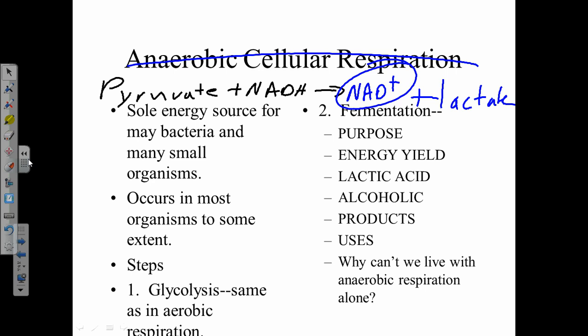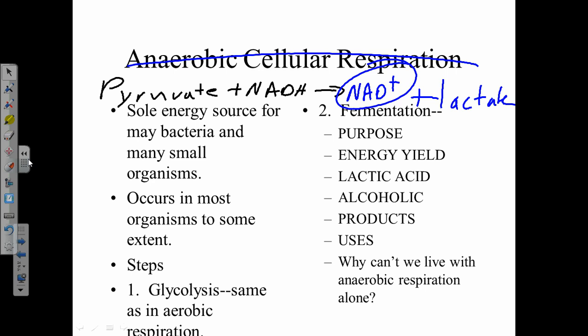Now, once you stop running or stop lifting, what's eventually got to happen to that lactate? You've got to break it down and run it through what processes? You've got to run it back through aerobic respiration. So sometimes we say that during anaerobic respiration we build up what kind of debt?